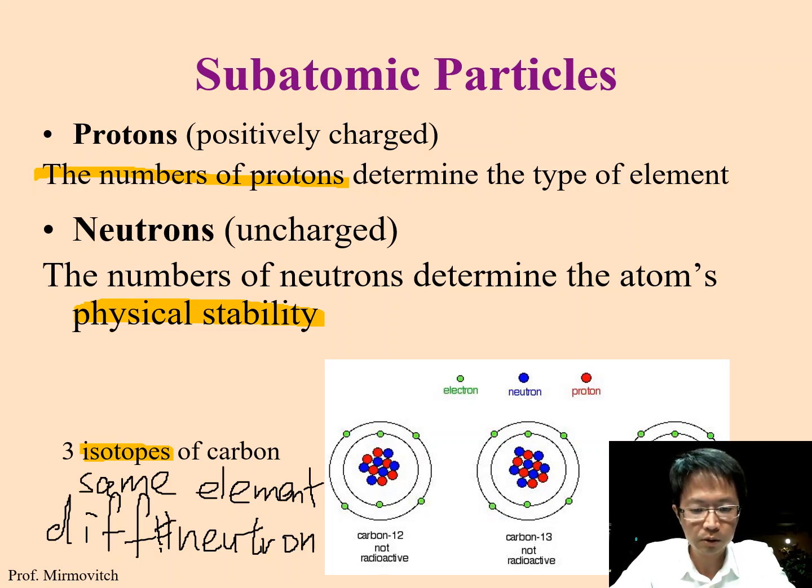For example, here, when we say carbon 12, what does carbon 12 mean? Carbon 12 has 6 protons because it is carbon. When it is carbon, then it always has 6 protons. 12 means that it has 6 neutrons. So 6 neutrons plus 6 protons, then it is 12.